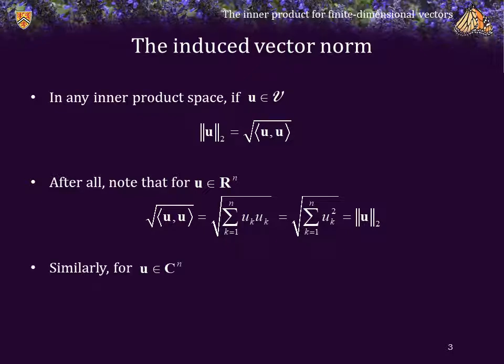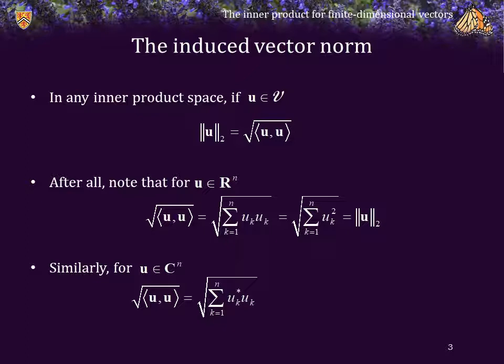Similarly, for U being a complex finite dimensional vector, the inner product of U and itself square rooted is the square root of the sum of the entry U sub k conjugated times U sub k. However, Z times Z conjugate, which equals Z conjugate times Z, is equal to the absolute value of Z squared.